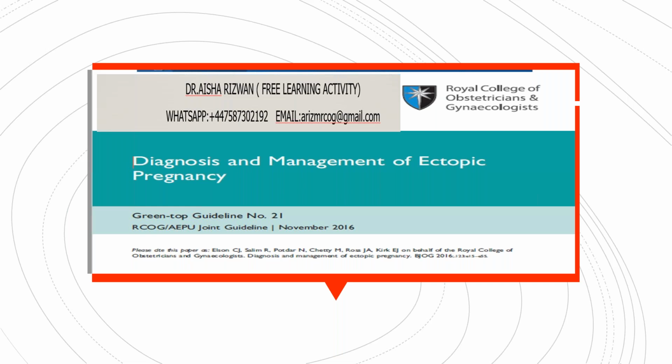So on average, in 1 year in UK, 11,000 ectopic pregnancies are diagnosed, and this makes up 2 to 3% of the total pregnancies which attend the early pregnancy care units, and they end up having a diagnosis of ectopic pregnancy.